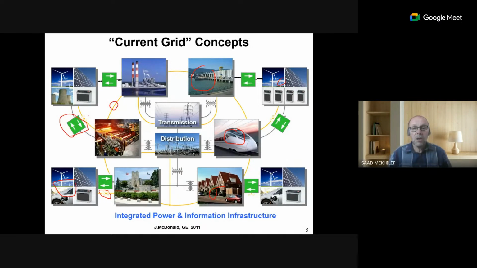We have seen a lot of solar power plants. China is also leading in this. So we see that actually the grid is transforming. Okay, so you can see the traditional grid and the current grid.